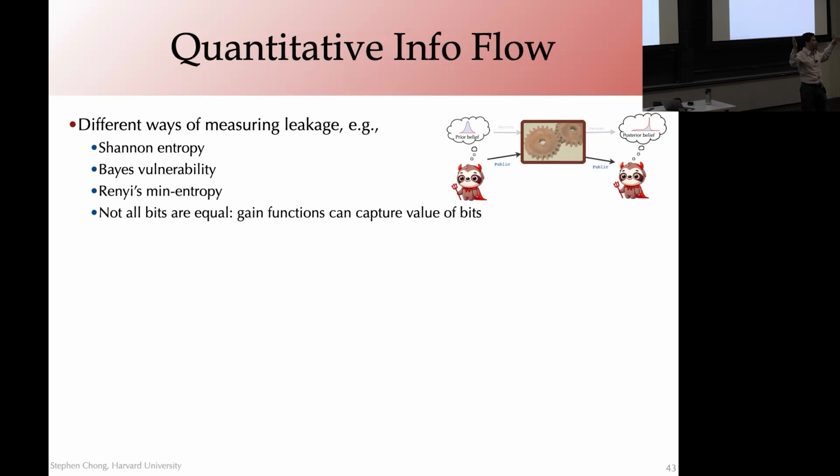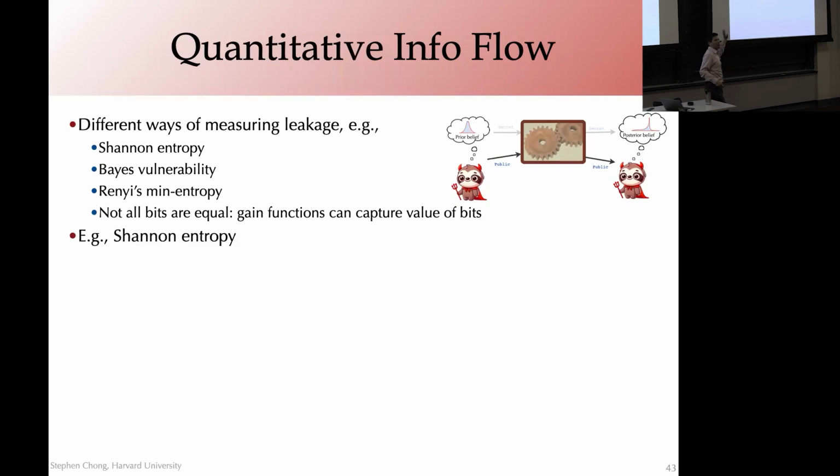And so what's the difference in the probability they'll get it correct before observing the execution and after the execution? Min entropy is related. We might also realize that not all bits are the same value. So we might want to say bits about the encryption key is worth a whole lot more than bits about my social security number, which is secret, but to be honest, it's out there.